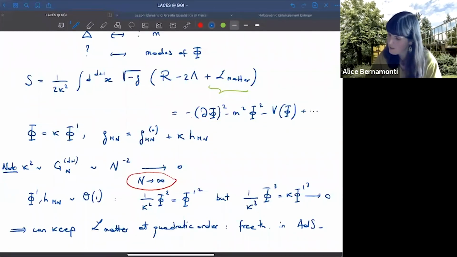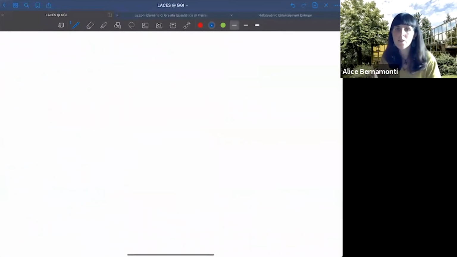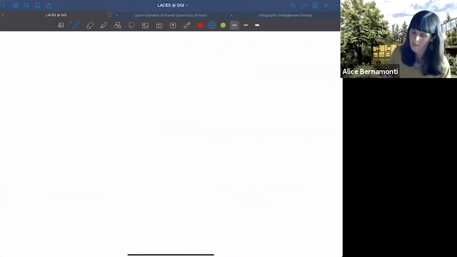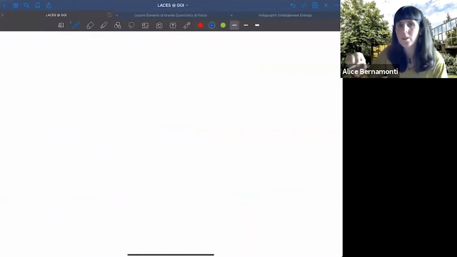And so let's continue with this scalar field example for illustrative purposes. And so let me write again the bulk quadratic action for our scalar phi, and let me drop the prime here.